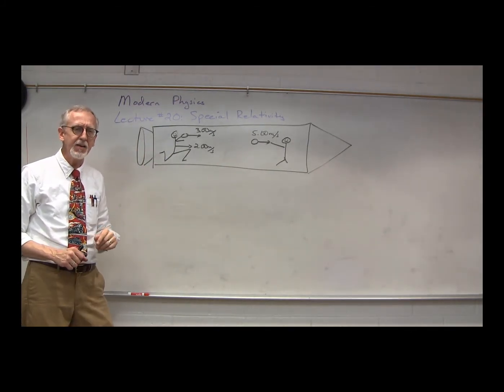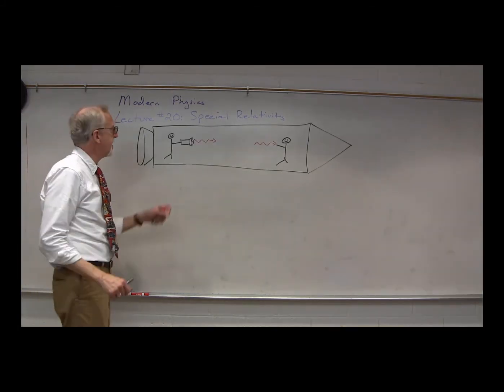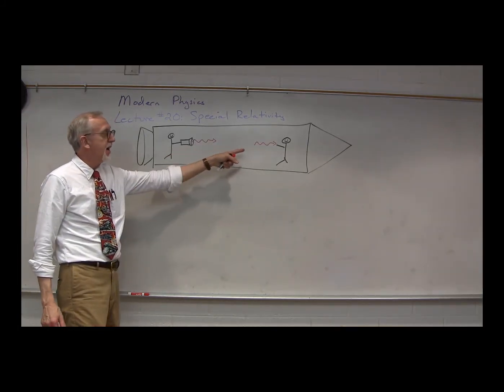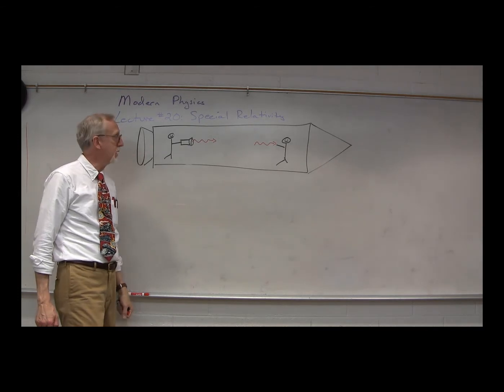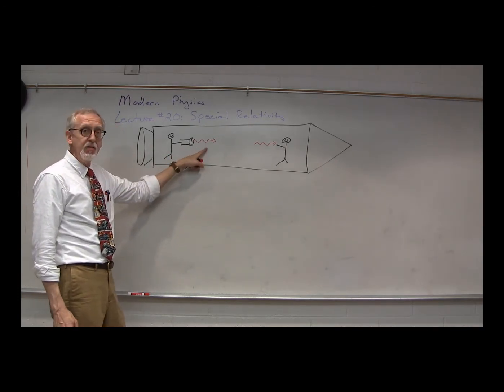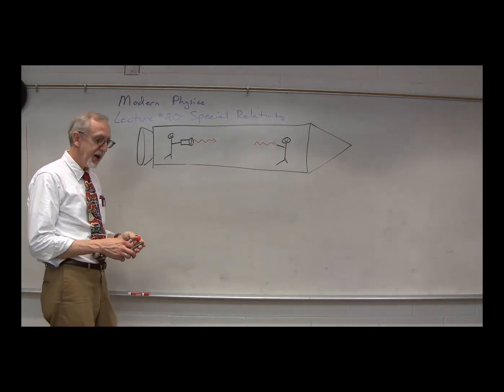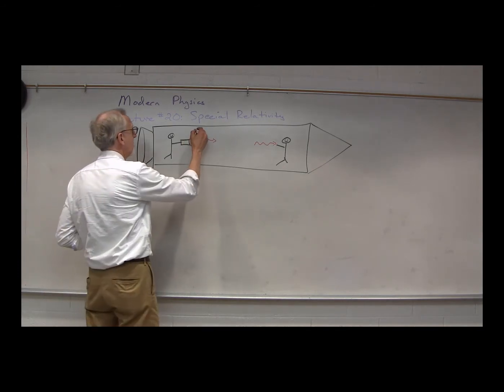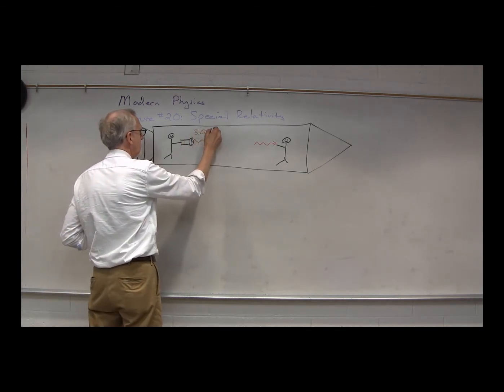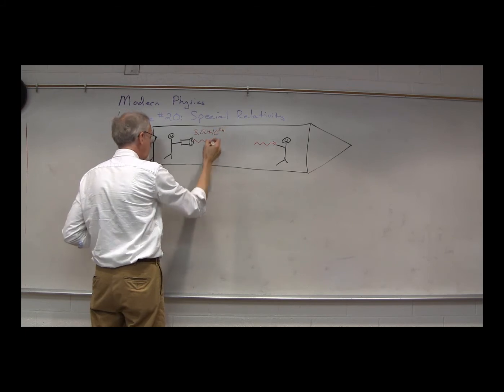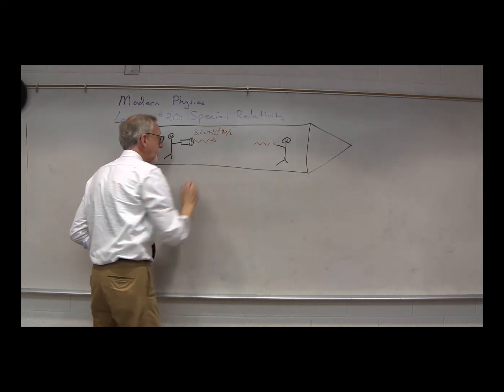Let's think about that. Now, let's imagine person A shines a light, a flashlight, at person B. The light leaves the flashlight at the speed of light, 3 times 10 to the 8th meters per second.